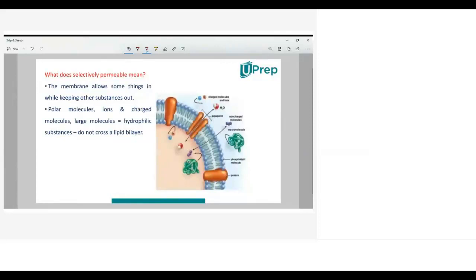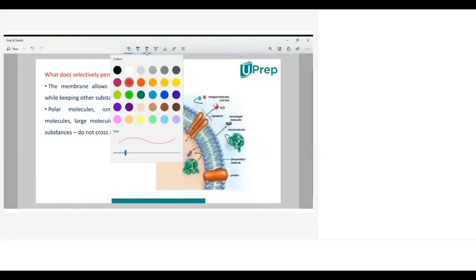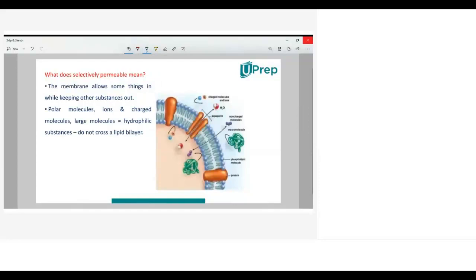Now, what I'm talking about is this. Assume this is a cell, and this part is intracellular.